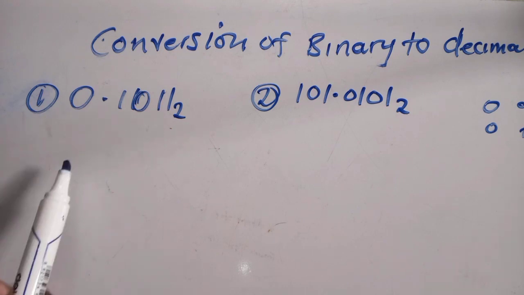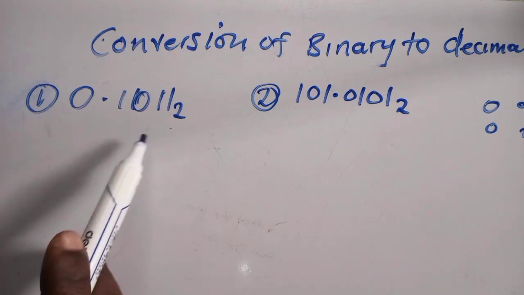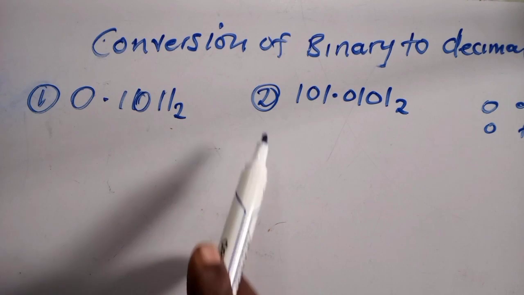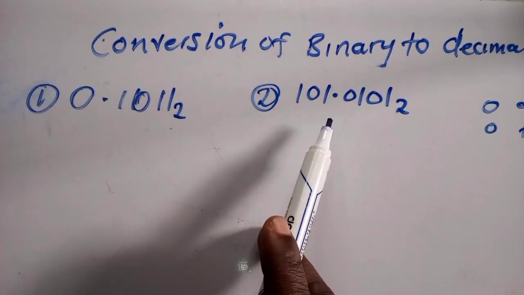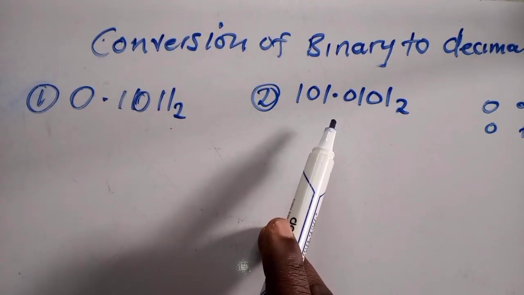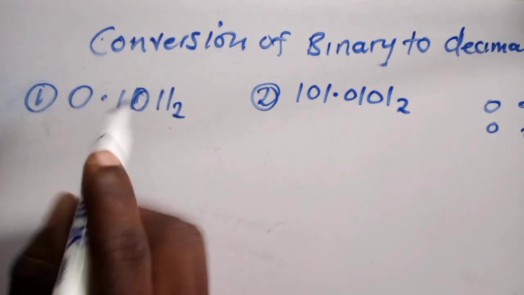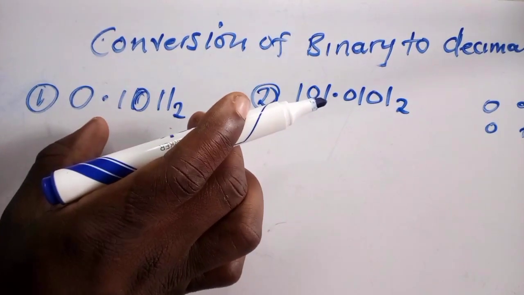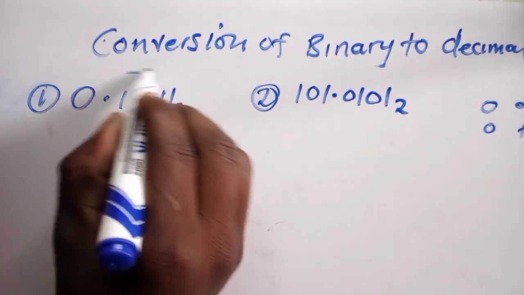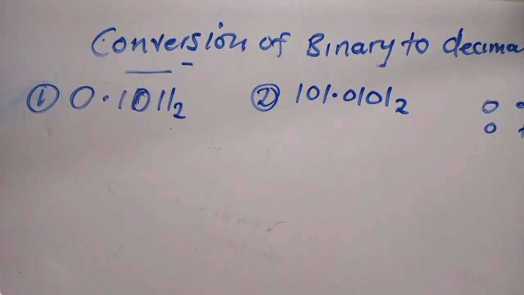So for question 1, we have 0.1011 base 2. And for question 2, we have 101.0101. The powers of the numbers after the decimal will be negative, and the negative starts from -1, not 0. 0 is positive; 0 is bigger than -1.